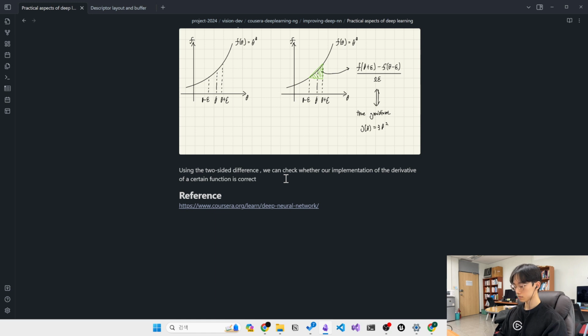Let's now see how we can use this to verify whether or not your backpropagation implementation is correct, or if there might be a bug in there that you need to go in and tease out.